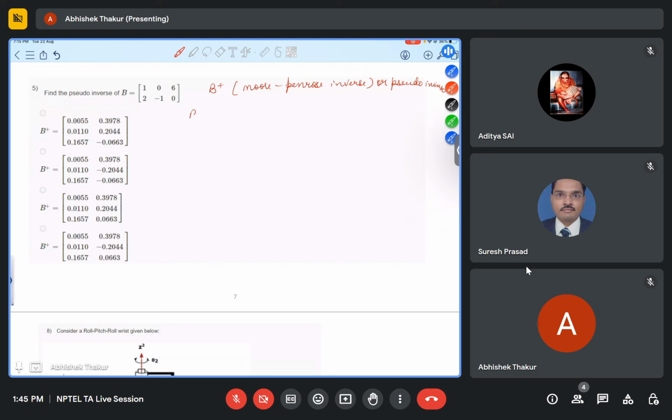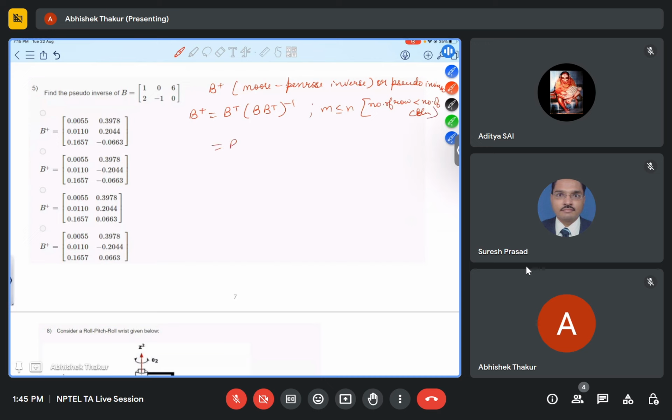So generally the pseudo inverse is given as B transpose times (B B transpose) inverse when M is less than N. This means the number of rows is less than the number of columns.